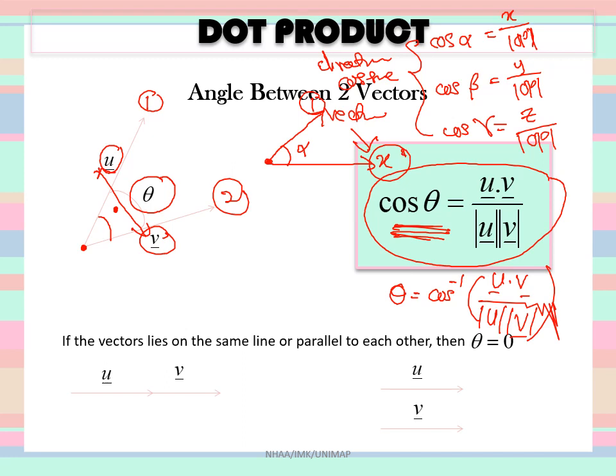Understand? Okay. So if you find out that your theta here is equivalent to 0, that simply means that vector u and vector v are parallel. There are two possible parallel positions that they have.